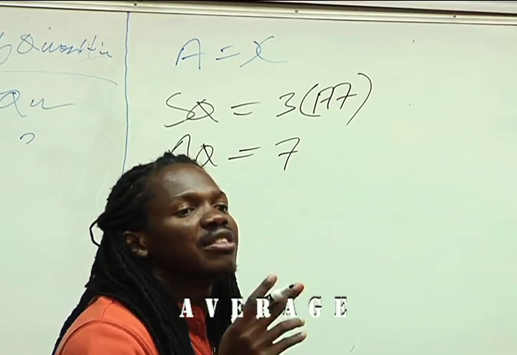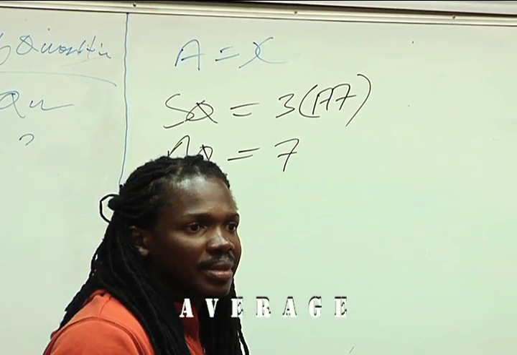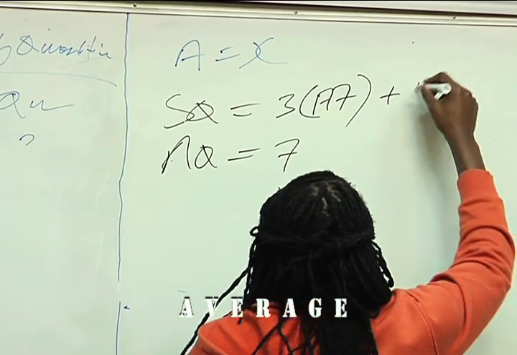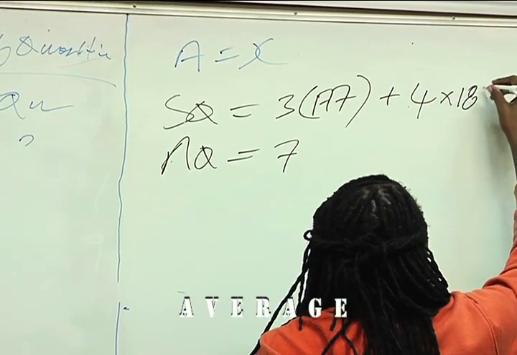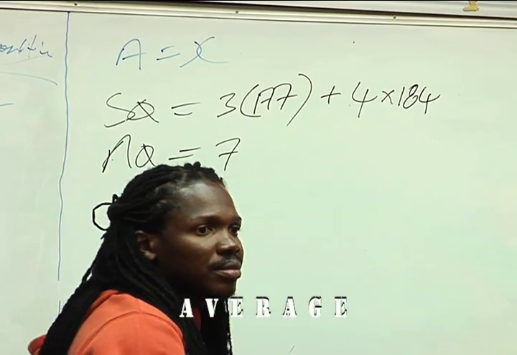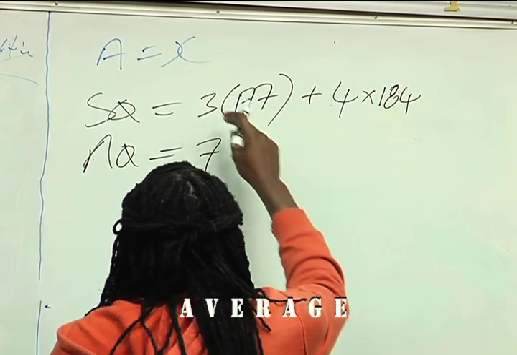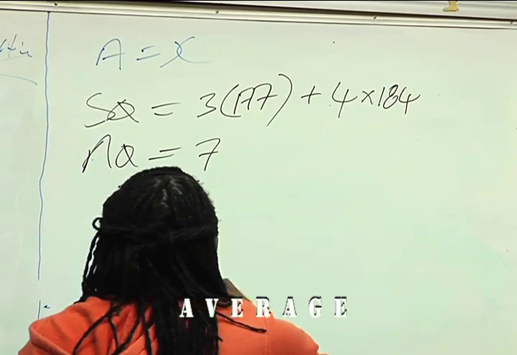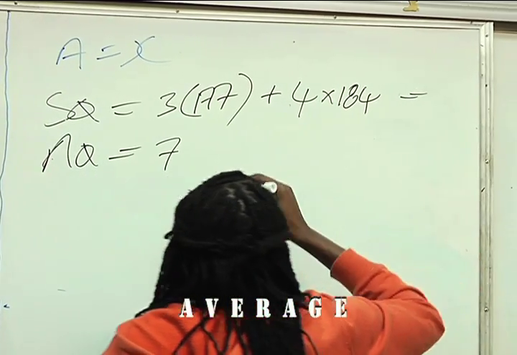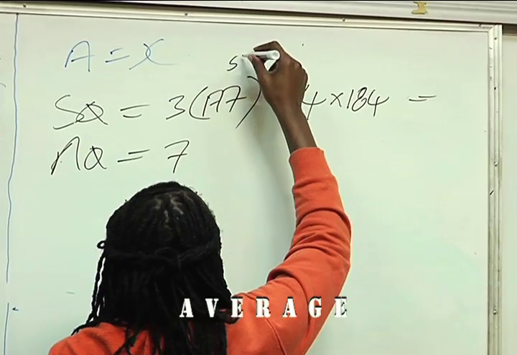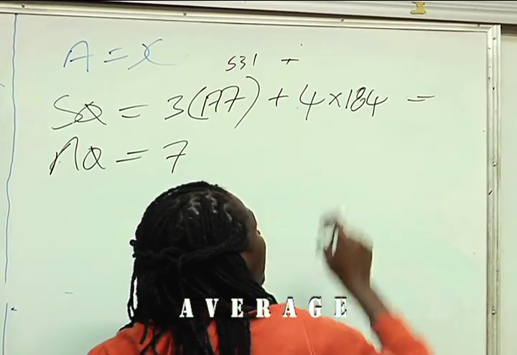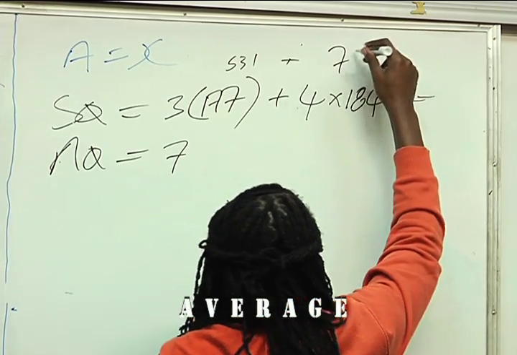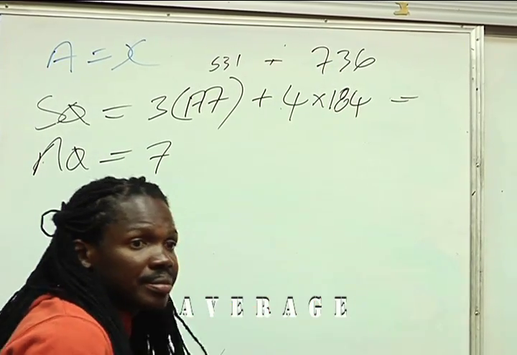Because you add it to itself 3 times. Then the other ones are 4 times 184. It's going to give you 3 times 177, which is 531, plus 4 times 184. Add the 2 of them.